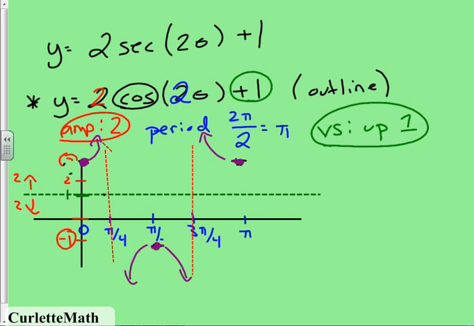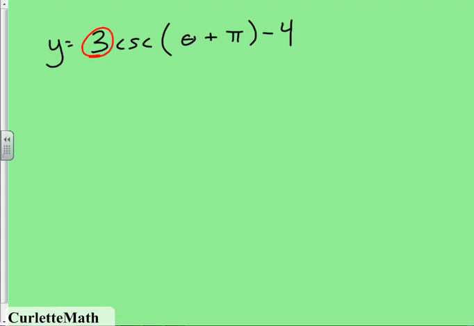Let's take one more so we can look at a different way of graphing the cosecant function if it has an amplitude change, a phase change, and a vertical shift change. Now, our amplitude is 3. Our period is 2 pi divided by the number in front of theta, which is 1, which gives me 2 pi.